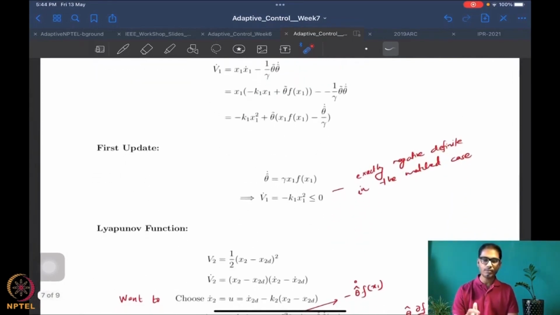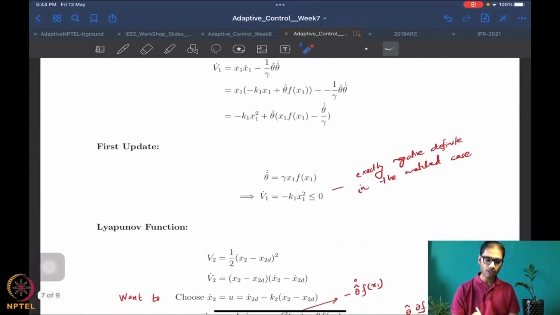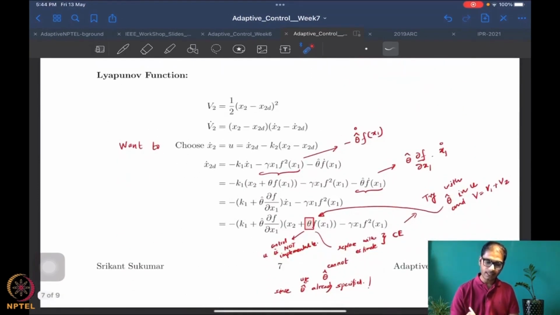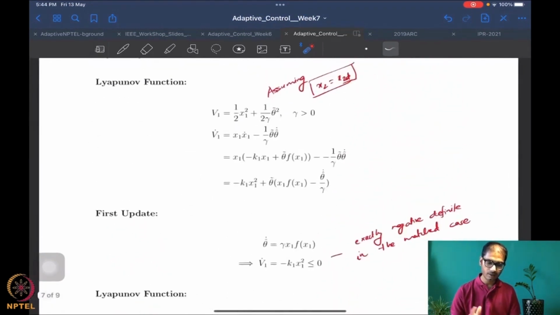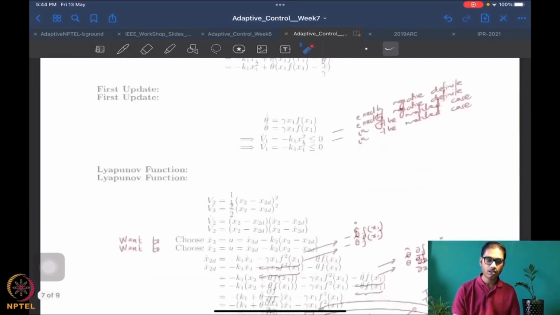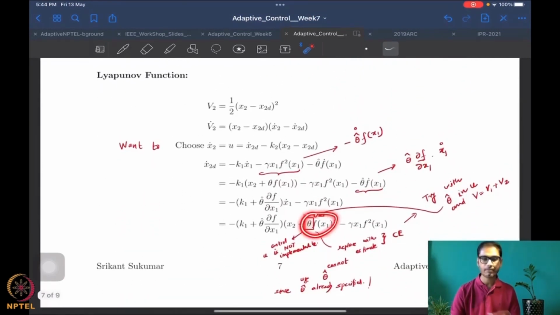So what is the problem? The problem is that you've already chosen a theta hat dot, right? And because of that, you will see that this term will create a theta tilde term, because instead of putting a theta here, you'll put a theta hat, and this creates a theta tilde term, which you cannot cancel anymore because the theta tilde term you got was already cancelled by the theta hat dot earlier. So there are no more terms remaining to be used to cancel this error.